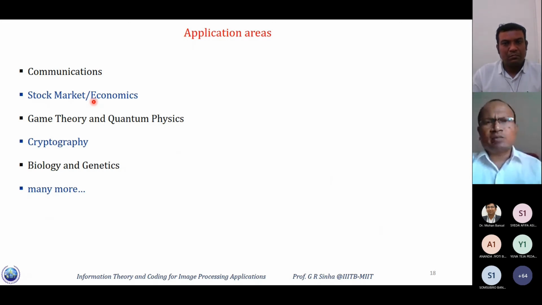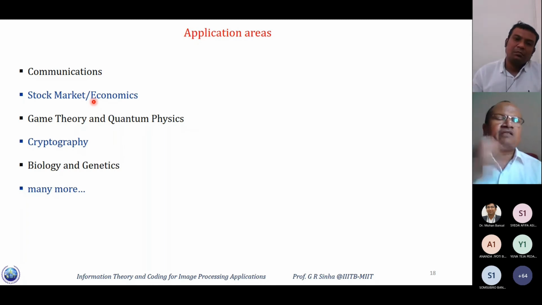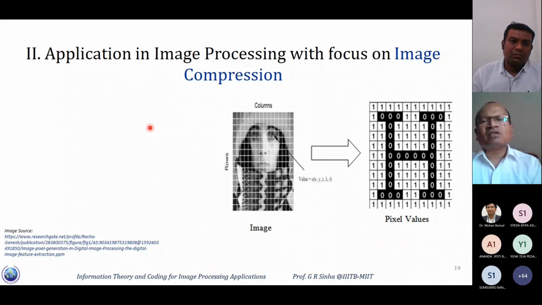You know that information theory and coding is associated with probability. So when there are probabilities of occurrences in any application, that area can use information theory and coding. Then there are many areas like cryptography and others where this is used.